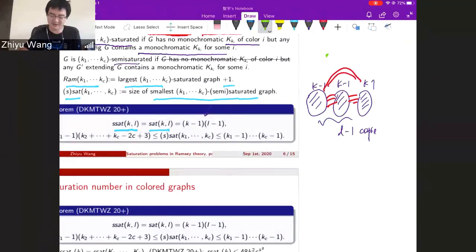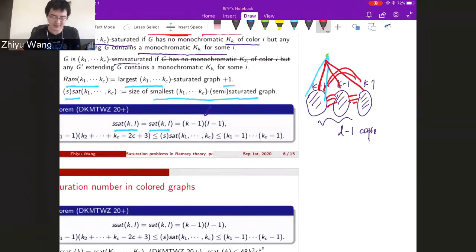It's easy to see because between the new vertex and each (k minus 1) clique, you need to have some red edge, otherwise you have a blue K_k clique. And if you do it for each one, because there are (l minus 1) copies, together with the new vertex you have a red K_l clique.